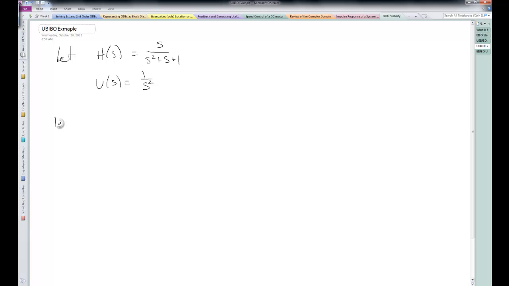Then we can look at the limit as s goes to 0 of s times H of s times U of s, which is the limit of s times s over s squared plus s plus 1 times 1 over s squared. Notice that the s's cancel out, and I end up with 1.